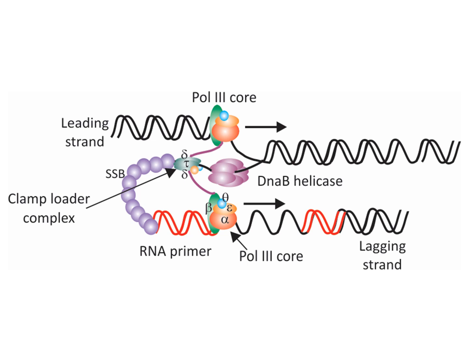The top one is the leading strand. The polymerase 3 core will move this direction, and the DnaB helicase will also move this direction. Then we have the clamp loader, and this is the lagging strand. They will also replicate in this direction, and here is the single strand binding protein. So that's the general picture of the replisome.